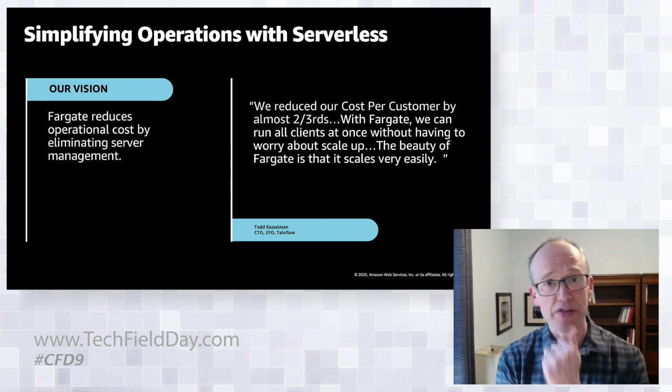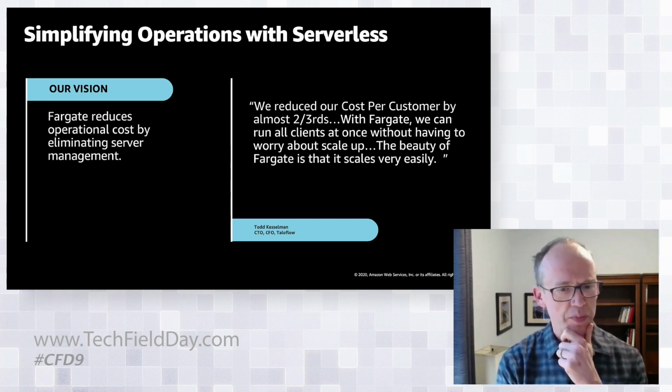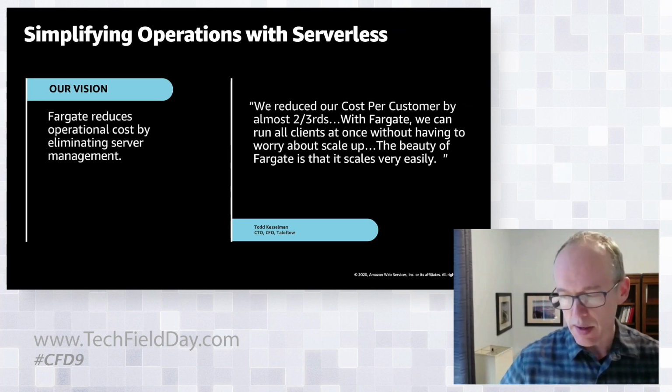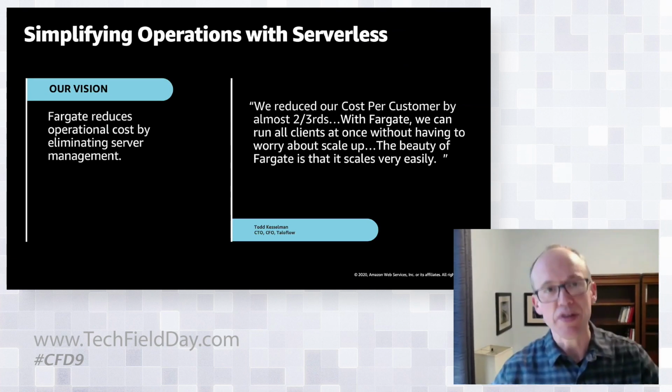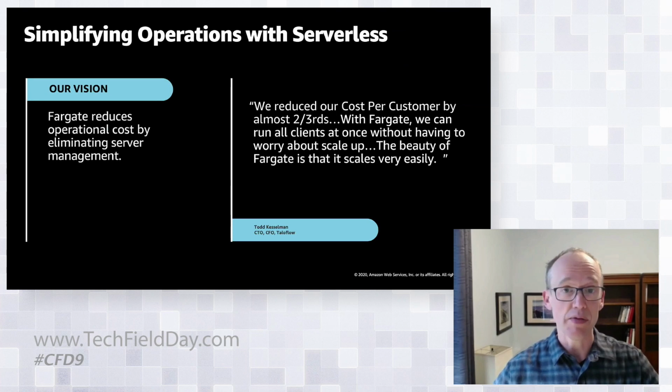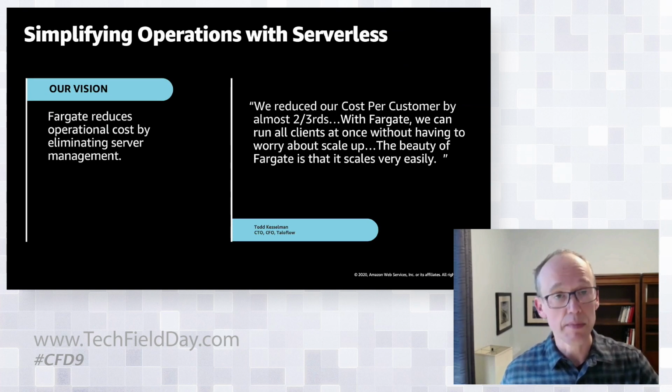In this case, they were using a specific thing called Fargate Spot. If you're familiar with EC2 Spot, EC2 Spot is spare capacity. Effectively, it's compute instances that on-demand EC2 customers don't need.